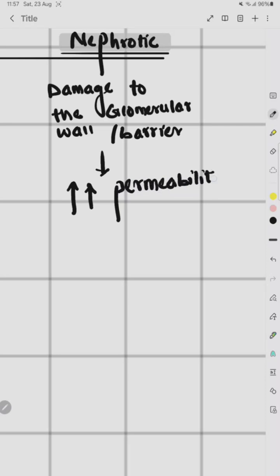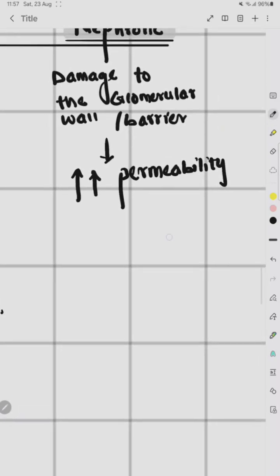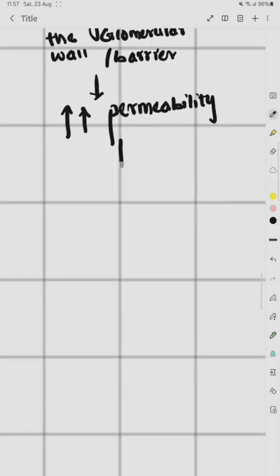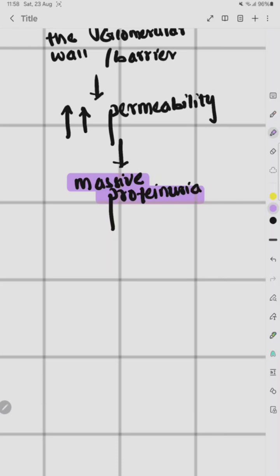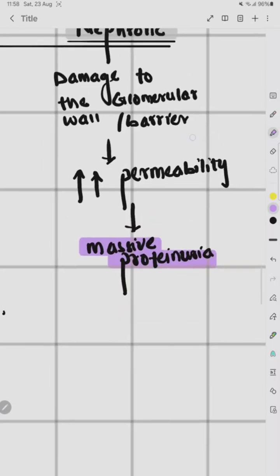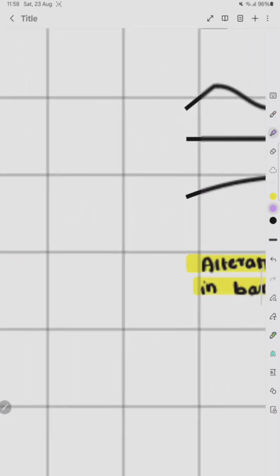Now, what is that membrane? We'll discuss it in a second. This leads to massive proteinuria. The first finding you have to remember under nephrotic syndrome is massive proteinuria.